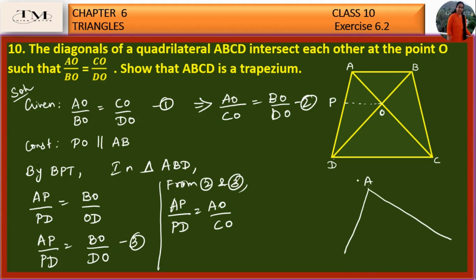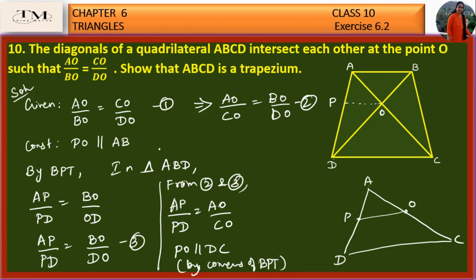This A and this is P and D. AP by PD equal to AO by OC. So this is a line PO. So if this ratio is equal, then by converse, PO is parallel to DC. So this is by converse of BPT.